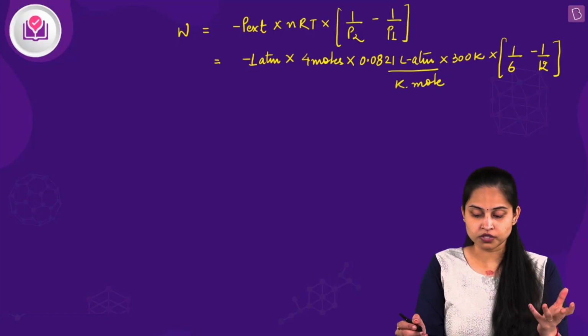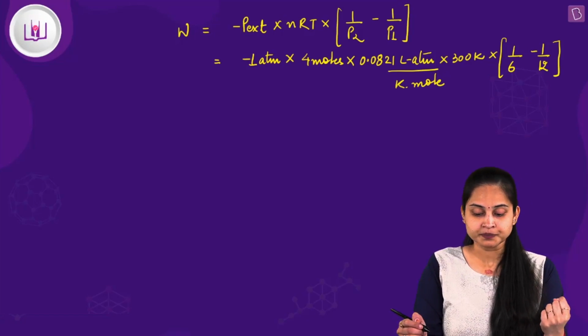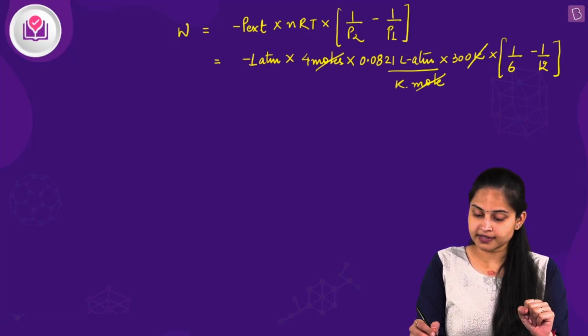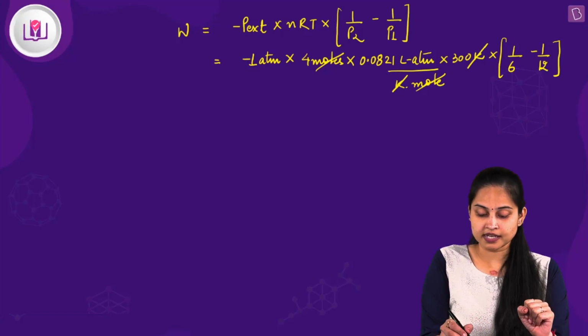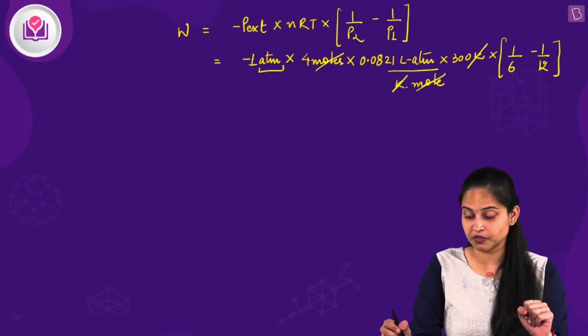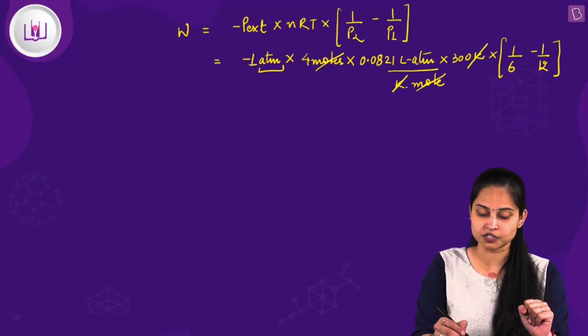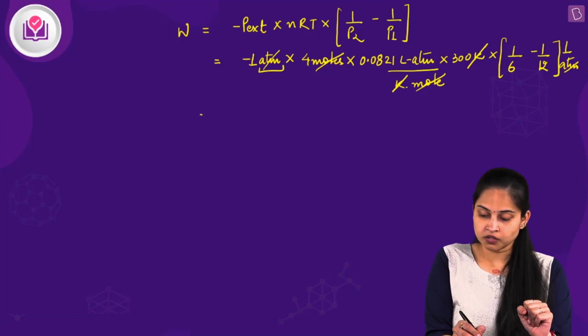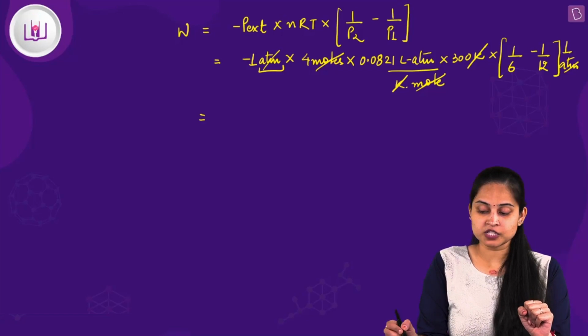So what are you going to do here? Mole cancels with mole, Kelvin cancels with Kelvin, and atm cancels with the atm, since it's 1 upon P2 minus 1 upon P1, so 1 upon atm. Fine. So it's 1 upon 6 minus 1 upon 12.